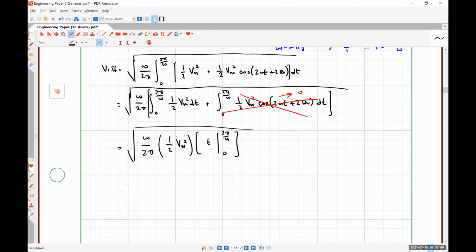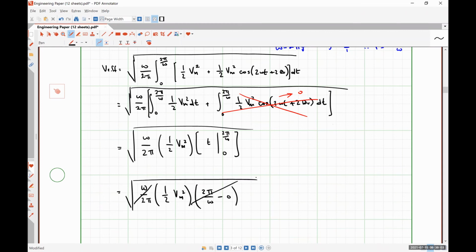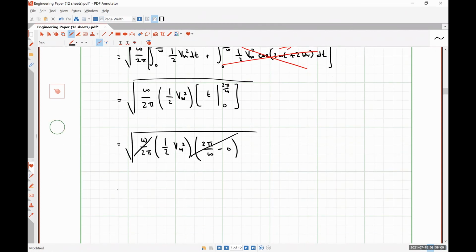And so that is going to give us omega over 2 pi times 1/2 Vm squared times 2 pi over omega minus 0. So this term and this term cancel each other out, and I find out that I get Vm, the magnitude of my voltage waveform, divided by the square root of 2.